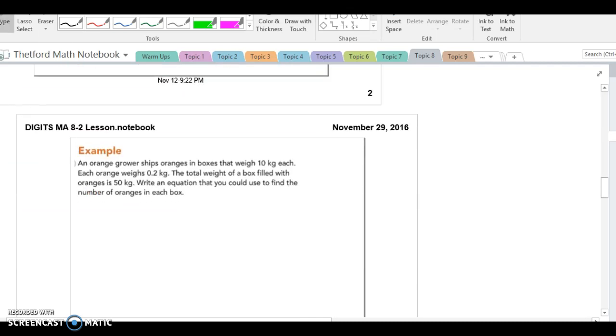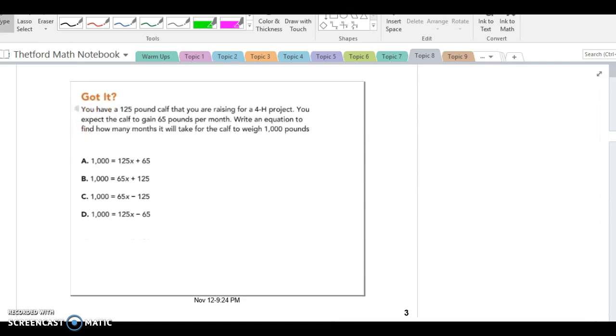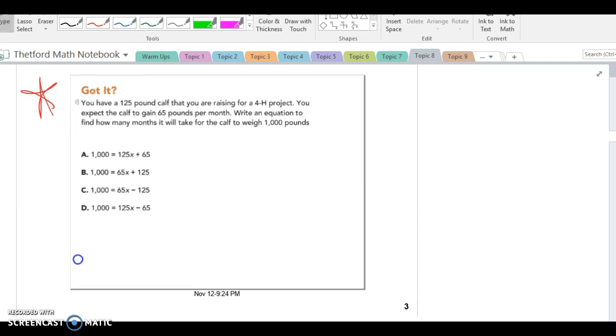So at this time, I want you to solve the next problem in your notes, which is this one. And you're going to do that on your own. And then we will check that on Monday. So this one you're going to do on your own.